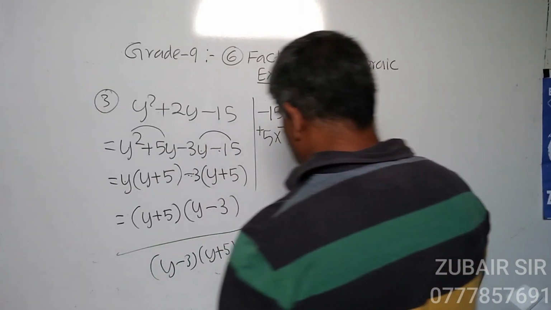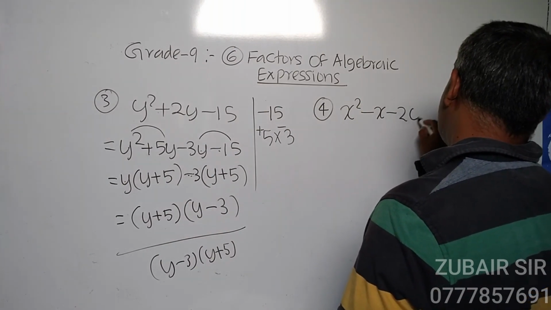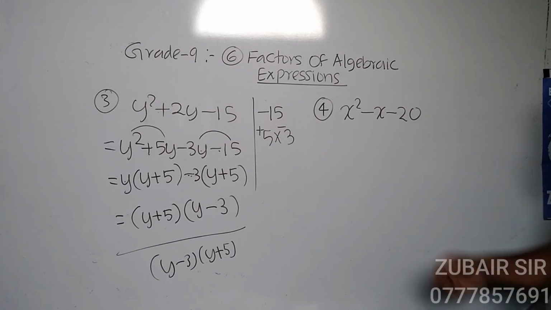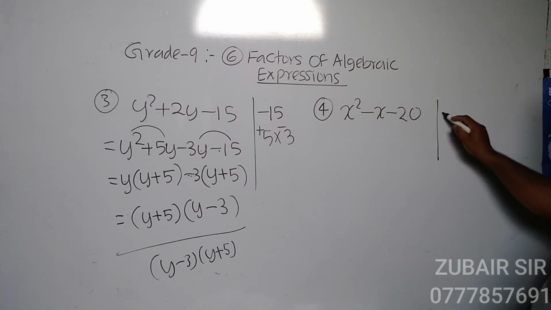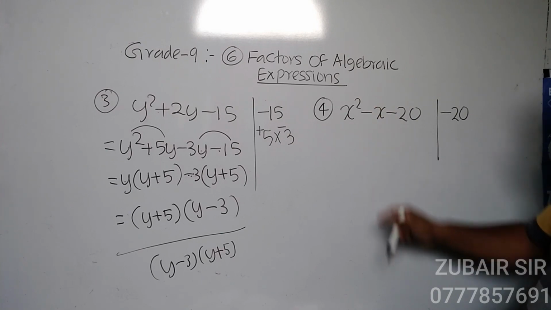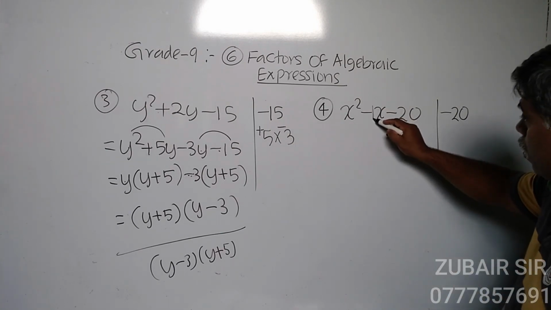See, x squared minus x minus 20. Now here both are minus. Then by using the factors of minus 20, we have to get the middle term. The middle term is minus 1. Then how to take the minus 1?